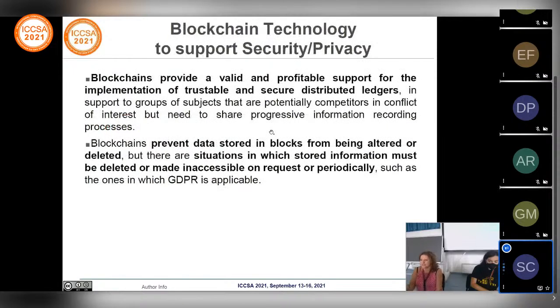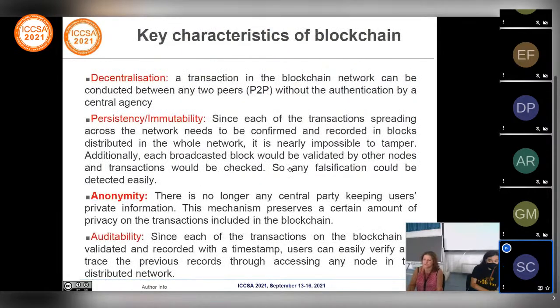In this case, in order to support GDPR compliance of systems, blockchain technology can support this process. But we have to consider that blockchain, even if it introduces some facilities to enable and implement privacy, security and safety, on the other side can introduce some criticalities that will be discussed in the next slides.